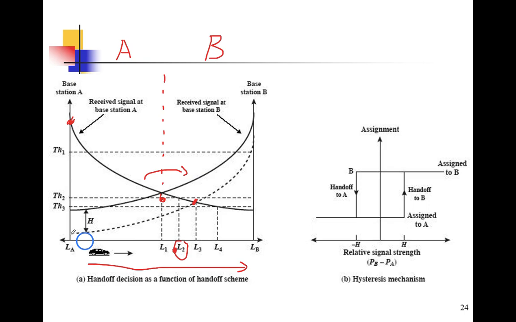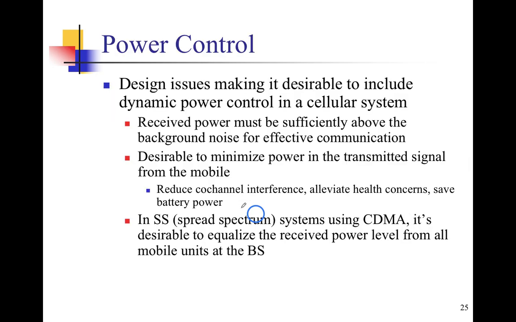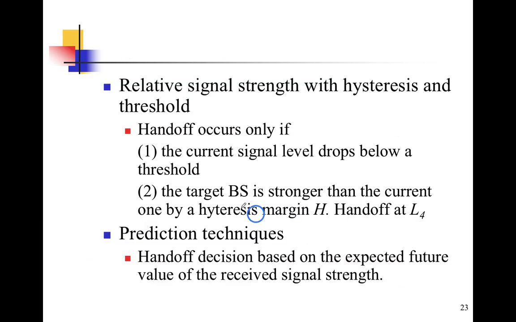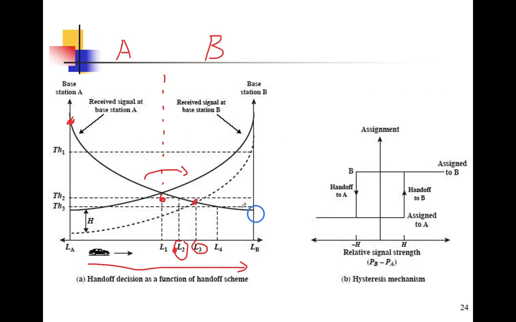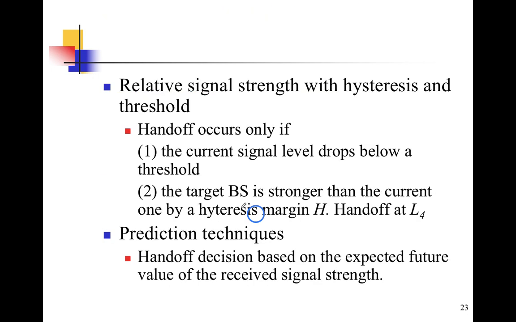But this is the minimum signal that the base station can handle over here, so they can hand off at L3. So that is the hysteresis. And the fourth one, relative signal strength with hysteresis and threshold. They combine these two. The handoff will happen at L4.